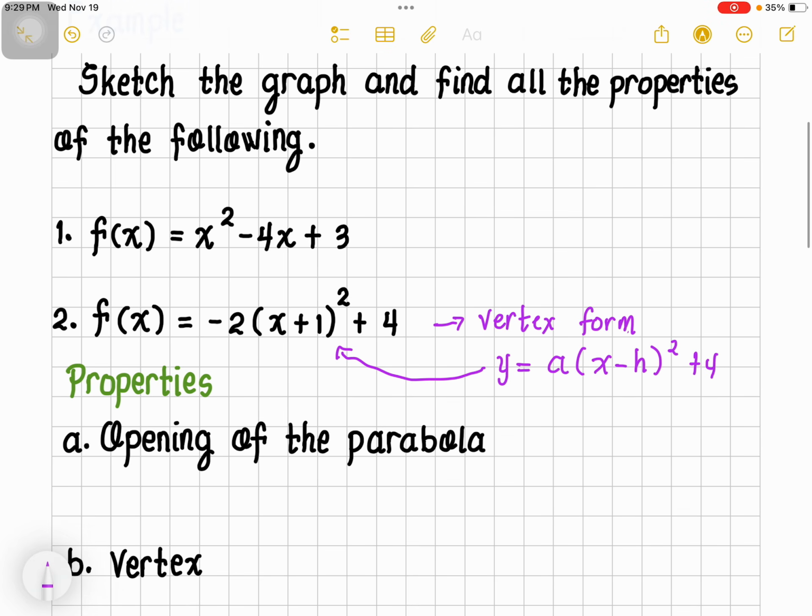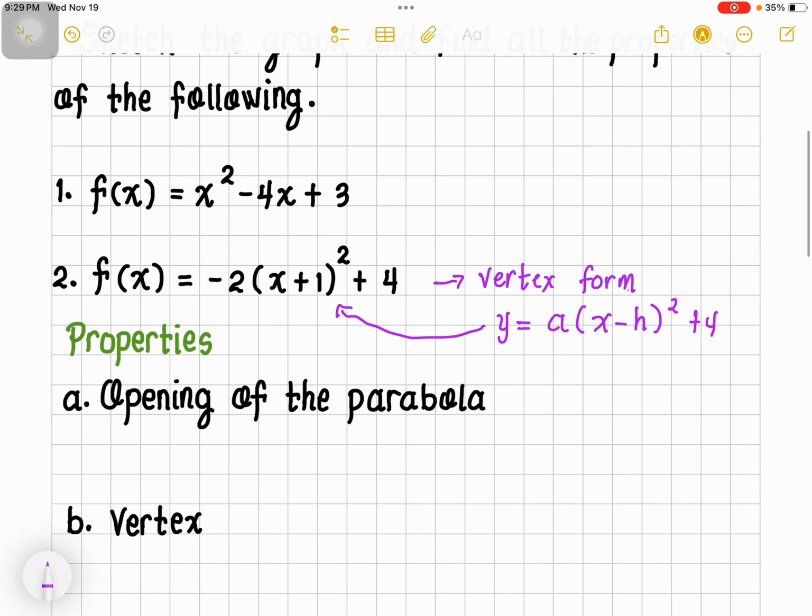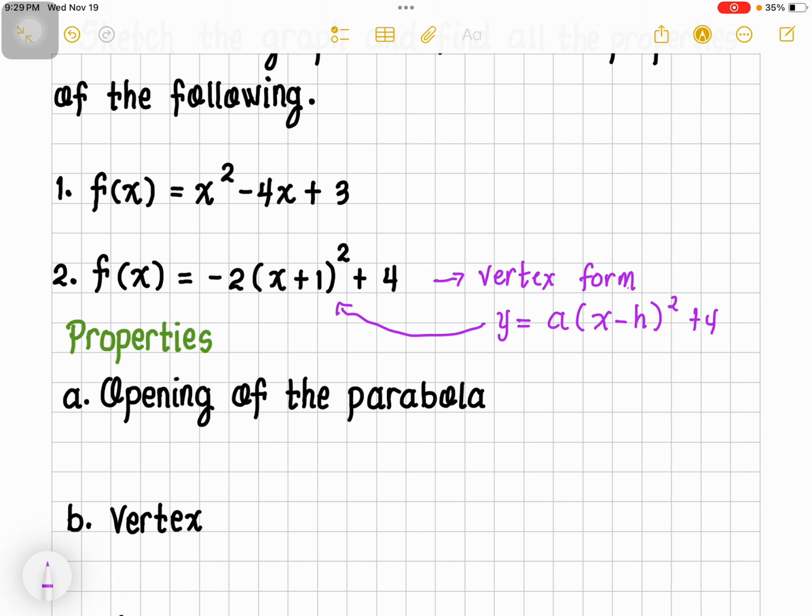So, let's find all the properties. The first one is the opening of the parabola. To identify the opening of the parabola, we need to look first sa ating value ng a. Sabi natin doon sa previous video, if a is greater than 0, then the parabola opens upward.